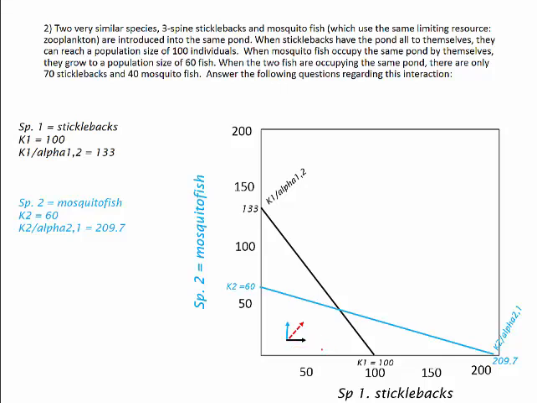Okay. And then for species number 2, the mosquito fish, we are also in positive growth territory. Here the arrow is up, corresponding to the y-axis. You know, the higher you are on the y-axis, the more mosquito fish there are. So we're getting growth in the mosquito fish, as indicated by the blue arrow here.